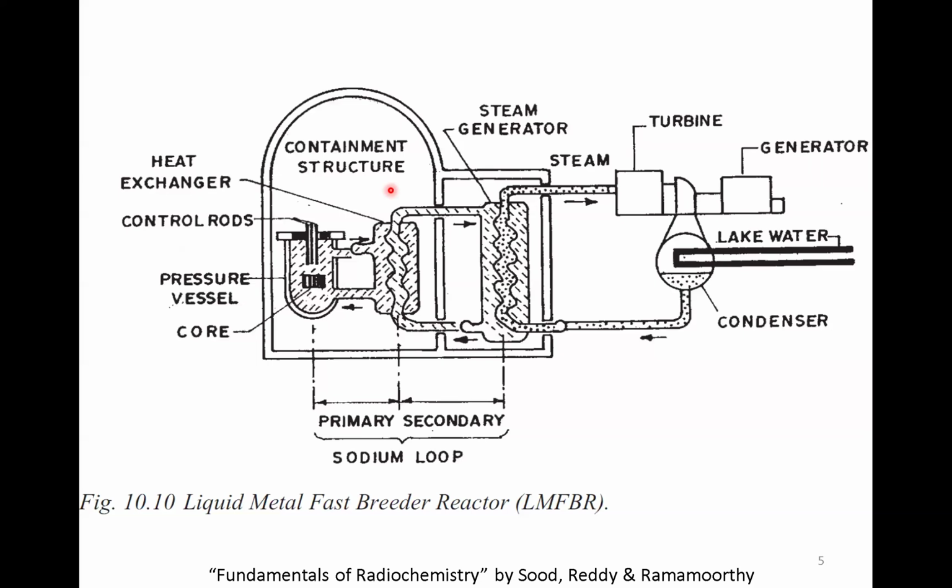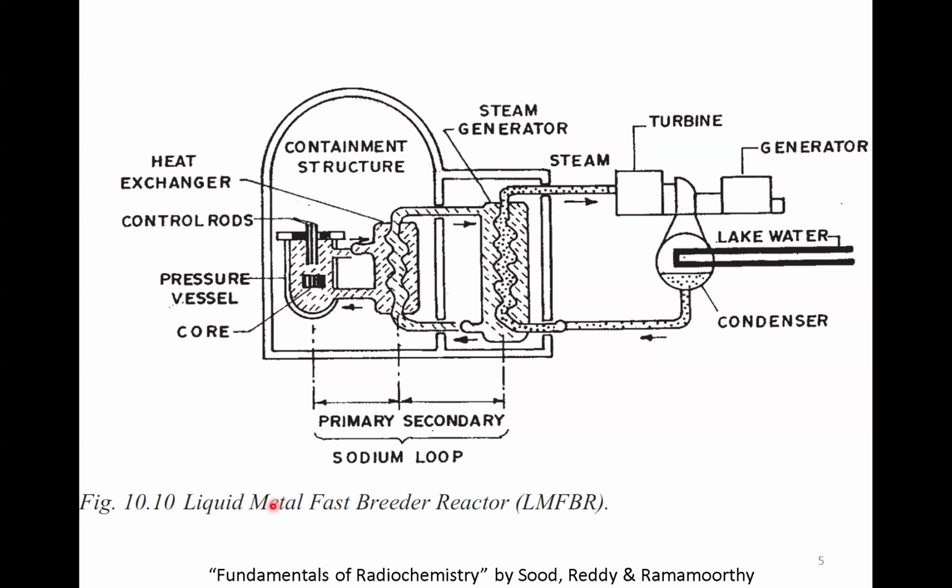In a liquid metal fast breeder reactor, you do not use a moderator. Therefore, the neutrons available are at high kinetic energy, which has lesser cross section. We've discussed this again in a previous lecture. It has lesser complexities, but you have to use more enriched fuel.